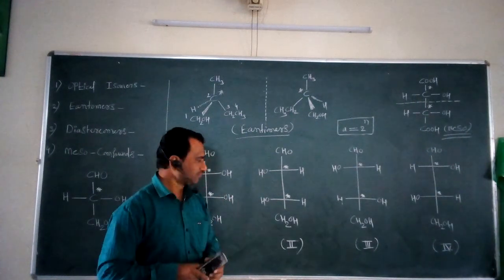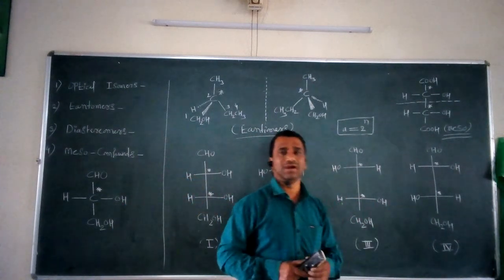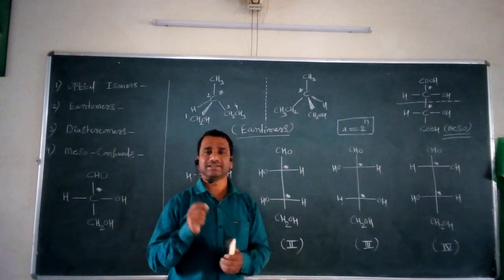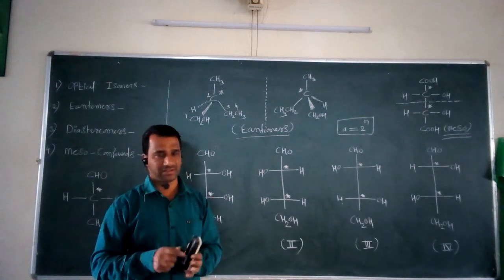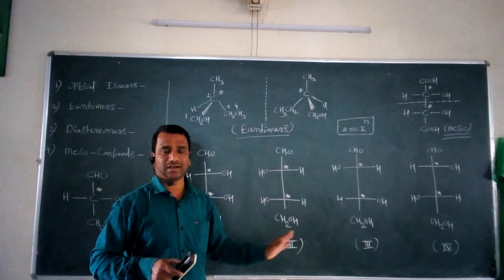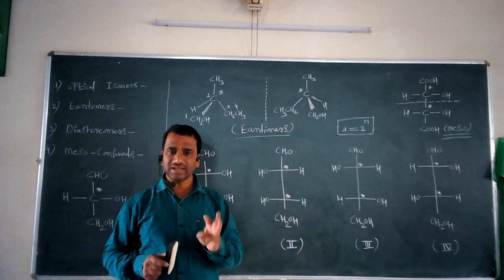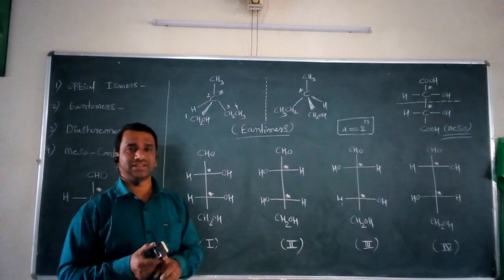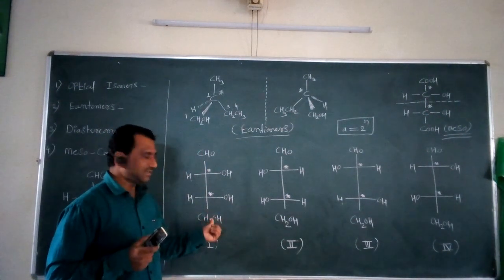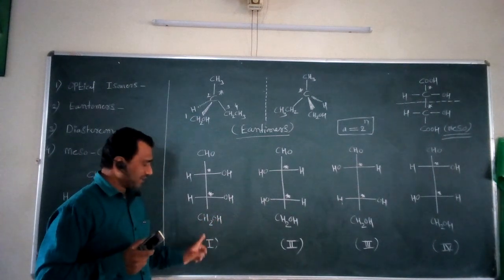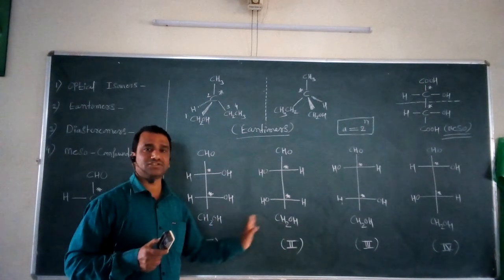At the same time, if we compare form number 2 with form number 4, again they are called diastereomers of each other because they are not mirror images of each other. So as far as these 4 different isomeric forms of a compound are concerned, it has a pair of enantiomers as well as a pair of diastereomers. Isomeric form number 1 and isomeric form number 2 are called the enantiomers of each other.